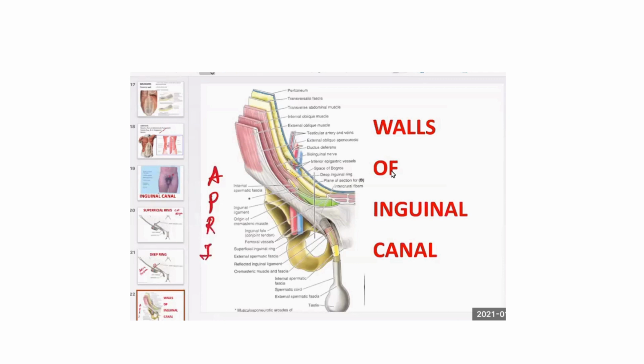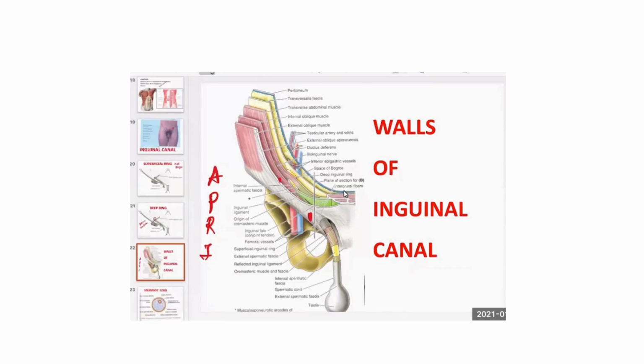I said anterior wall, first is skin, superficial fascia, next is external, next is internal oblique. You understand, right? So see this area, this is the posterior-most layer, transversalis fascia. So remember triplet relation of which muscle? Internal oblique, which forms anterior wall, floor, roof.